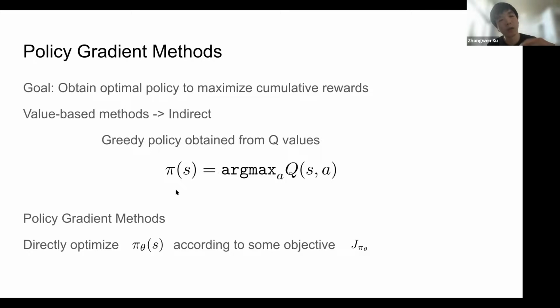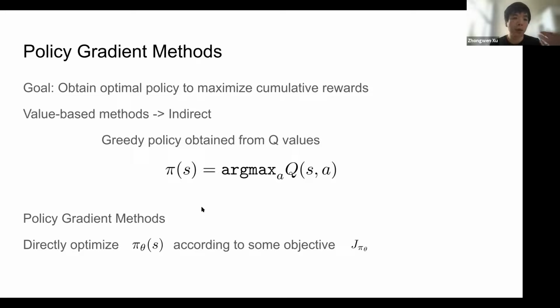So it does not directly parameterize a policy function pi of s. Instead, it parameterizes the Q values of s and a, and then uses the Q value to infer the policy by taking the argmax over the action, right? So it is an indirect way to obtain a policy.